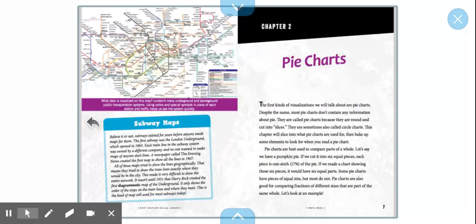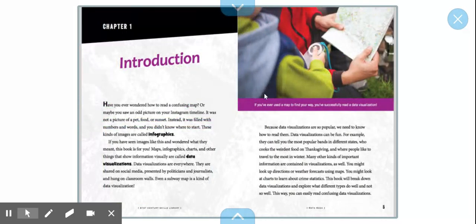And I would also shelter instruction on this type of information by having students talk about their background knowledge on what they already know about these types of graphs and type of data that they collect on a daily basis or that they've collected before in previous classes.